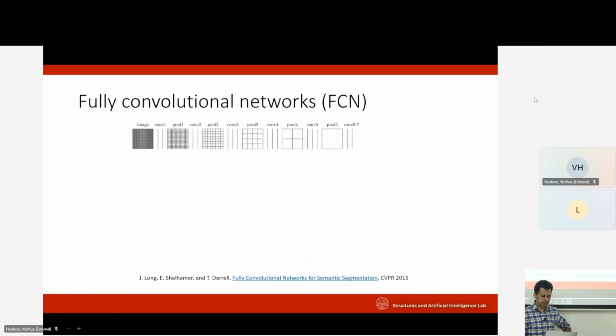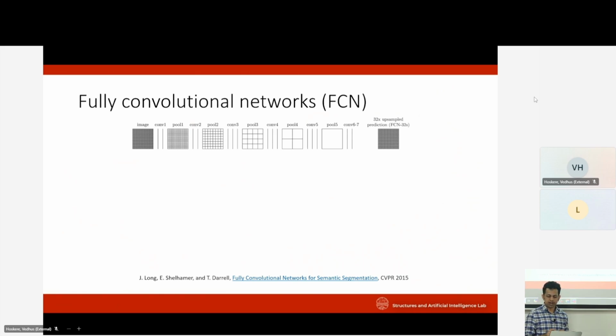And here they're denoting the density of the feature map with respect to the original image by this cell. And because you have 5 pooling layers that downsample this image by 2 to the power of 5, which is 32, you need to upsample again 32 times.